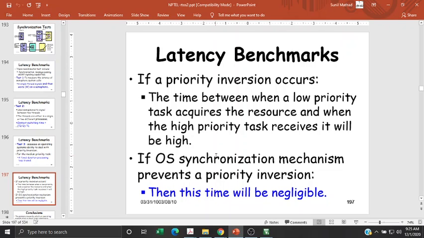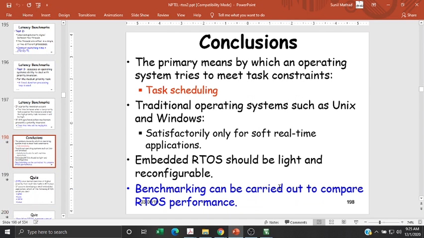If the OS synchronization mechanism prevents the priority inversion, that is, you are locking the resource, or there are semaphores or some mechanisms of resource locking, then this time will be negligible. So automatically the resource sharing protocols come into the picture, PIP or HLP and PCP, so that whoever has a resource will get a higher priority and let him complete with the stuff as such.